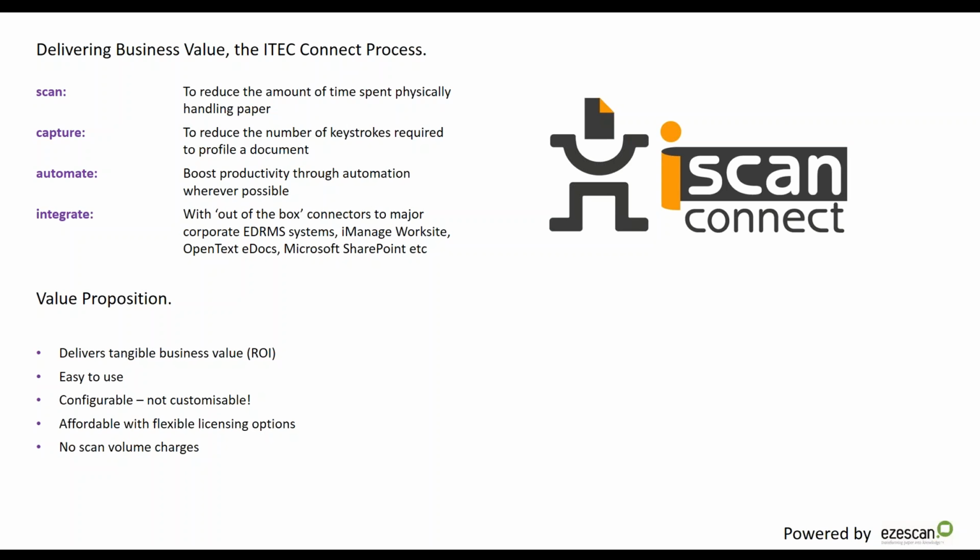If you want to add the discovery module on afterwards, if your paperwork changes or a different department comes on board, you can. So it's flexible in that way. And the key thing is we at ITEC are not worried if you scan 1,000 pages or 100,000 pages. There are no volume charges involved.